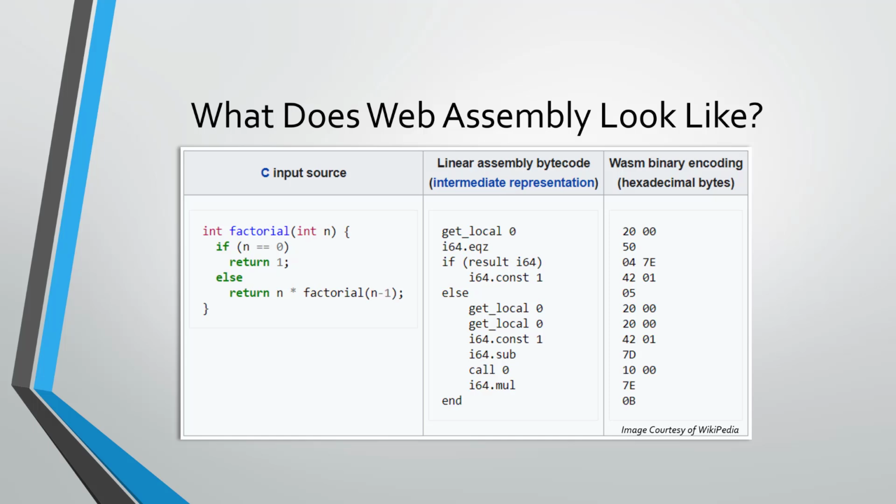If you've ever worked with LLVM before, you'll see it looks almost identical to LLVM. And then on the right are the byte codes. So once it's actually compiled, that's what it looks like. It's worth noting that I believe the browser can take the text representation of the intermediate representation and compile it for you. But typically when we compile it, we compile it down to the binary.